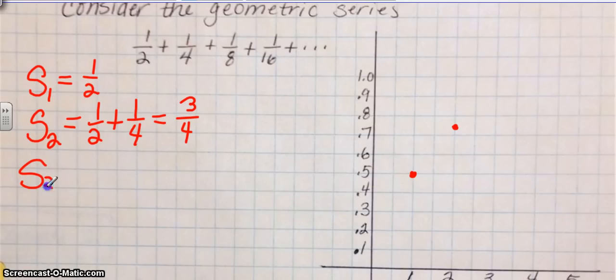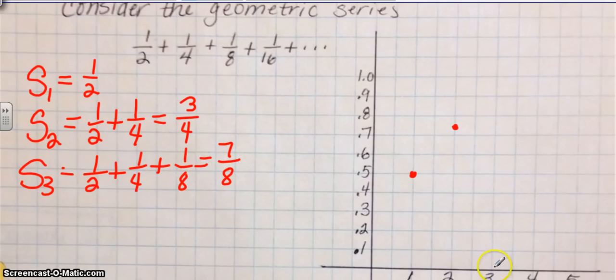My third sum, S sub 3, I want to add my first 3 terms, which will give me 7/8. So at 3, I am about here.